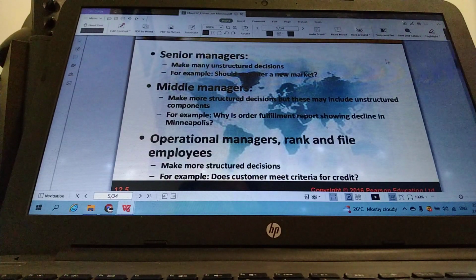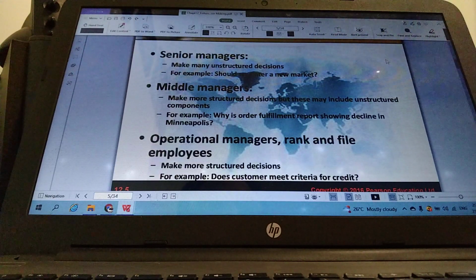Whereas when it comes to the operational managers, rank and file employees, most of the time they make structured decisions, or they are involved in structured decisions, not in unstructured or semi-structured.